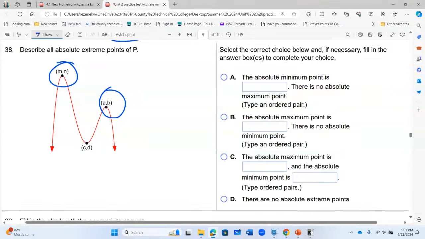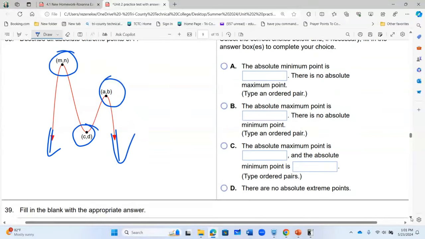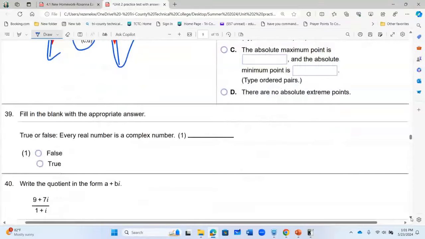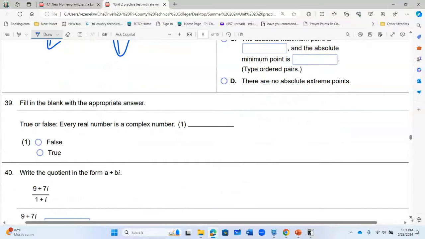The point A, B is a local maximum. The point C, D is a local minimum. It is local because I know that these ones are going down indefinitely. So that's not it. So notice that all these questions on absolute minimum, absolute, they're easy questions. You want to actually do it very well.